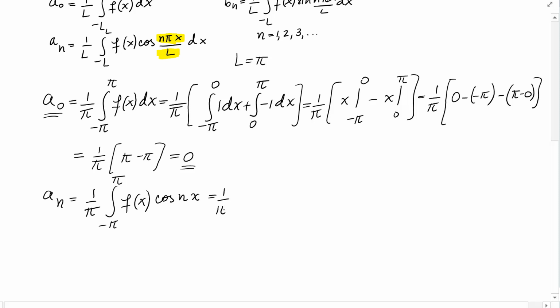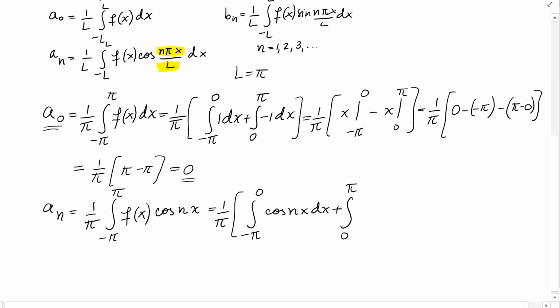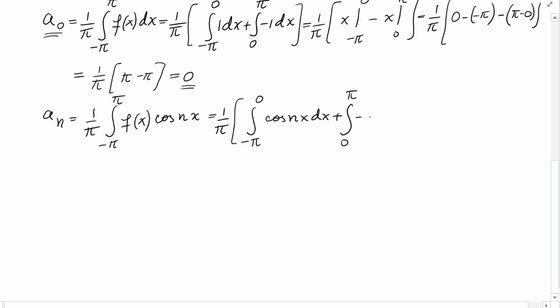So this is going to be 1 over pi, and let's separate from negative pi to 0 of 1 times cosine of nx dx, and then plus integral from 0 to pi, and then it's negative 1, right? We have 1 and negative 1, and then negative cosine of nx dx.